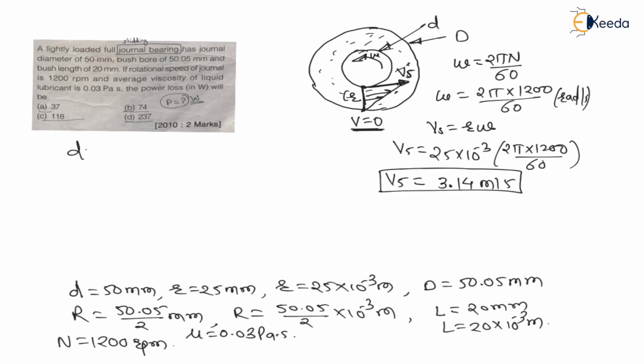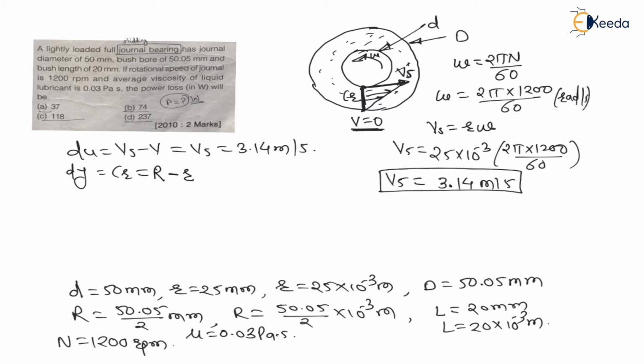Therefore, change in velocity is velocity of shaft minus velocity of bearing, which is nothing but the velocity of shaft, 3.14 meters per second. Again, the space between them is called dy, which is the radial clearance, which is radius of bearing minus radius of shaft, right?